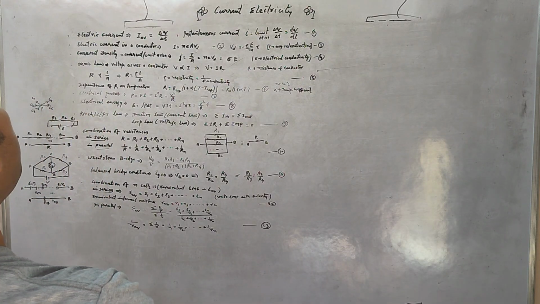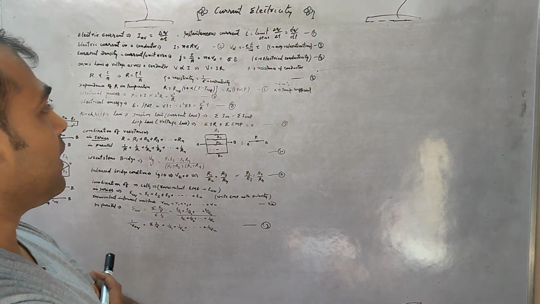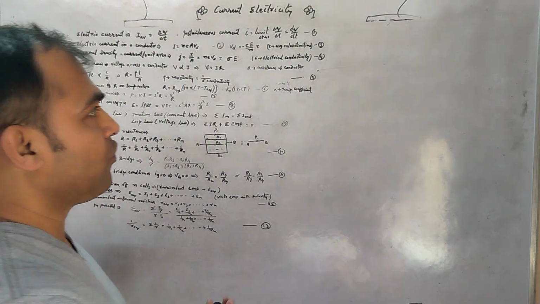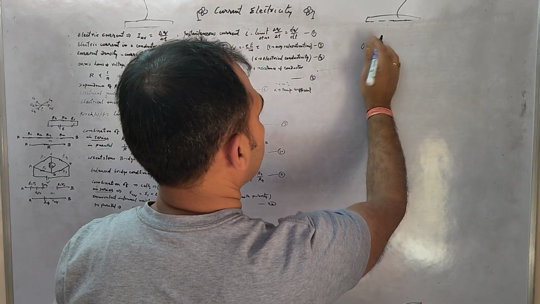First comes electric current. So what is electric current? Electric current is the rate of flow of charge across any conductor.